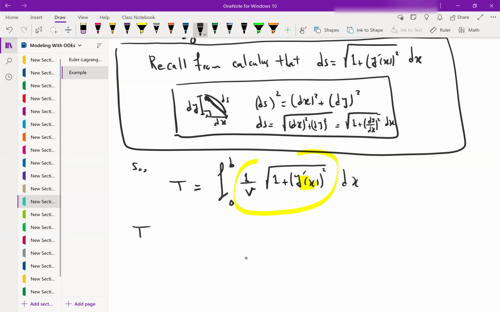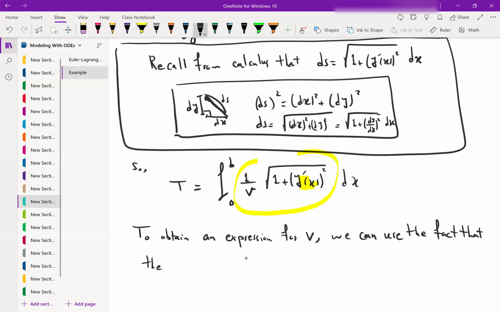So to obtain an expression for v, we can use the fact that the total energy is conserved.